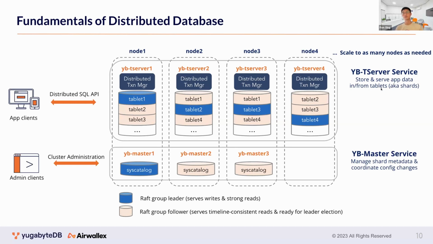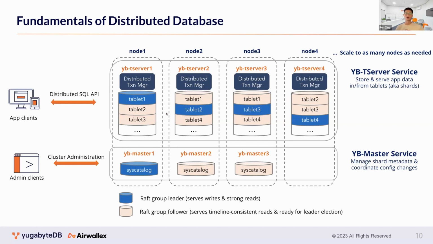They hold the tablets. Since we are a distributed database, where the data is written to a distributed database like Yugabyte, the table is automatically sharded into multiple pieces. Here you can see, it's just an example, one table will be split into 4 different tablets: 1, 2, 3, 4.